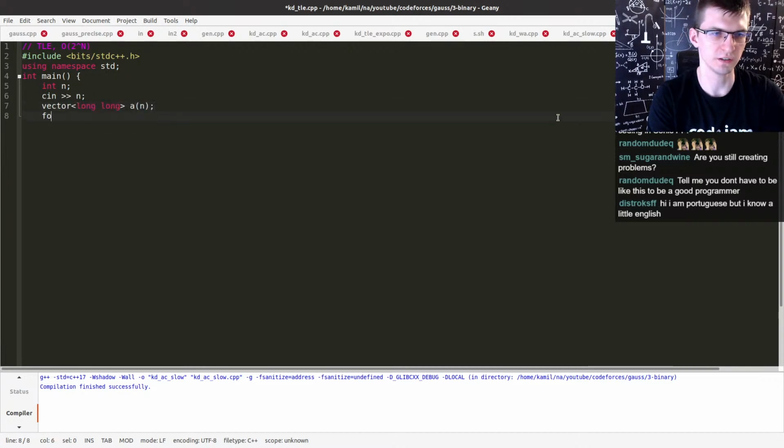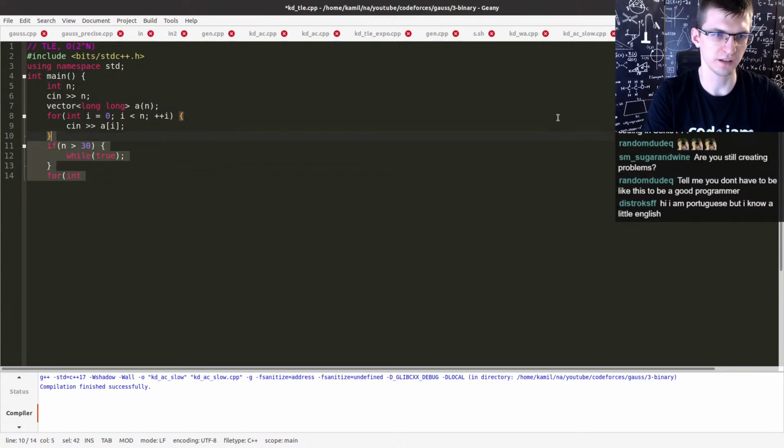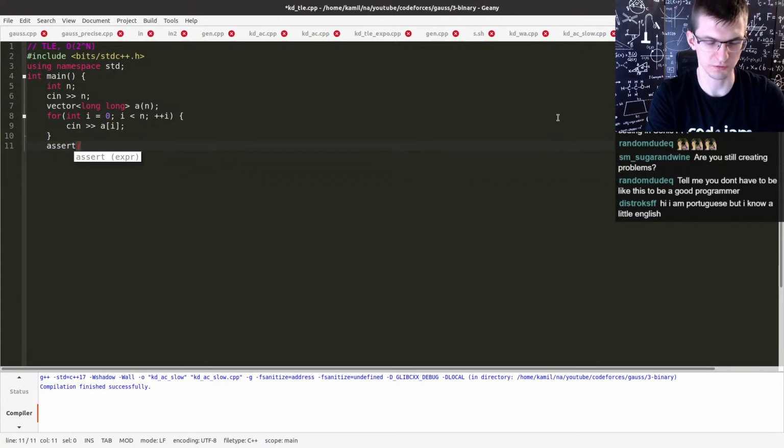Notice that I don't even copy paste the reading, just because I'm afraid that I will make the same mistake. Then it's extremely dangerous. I'm making this if because otherwise I might get wrong answer for big N, and I want to mark this solution as time limit exceeded. But on the other hand, I prefer faster judging whenever I resubmit.